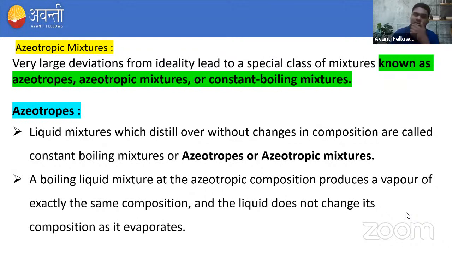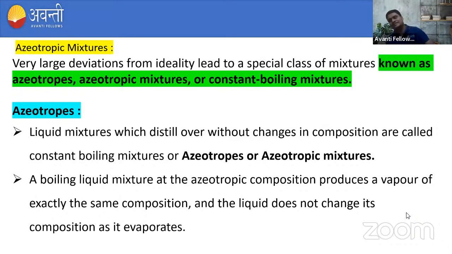These are liquids which boil at a constant temperature, just like a pure liquid. They are mixtures of two liquids, maybe three. In this whole chapter, we are considering only binary solutions, so only two liquids. They are a mixture of two liquids, but they boil at a constant temperature, just like a pure liquid.